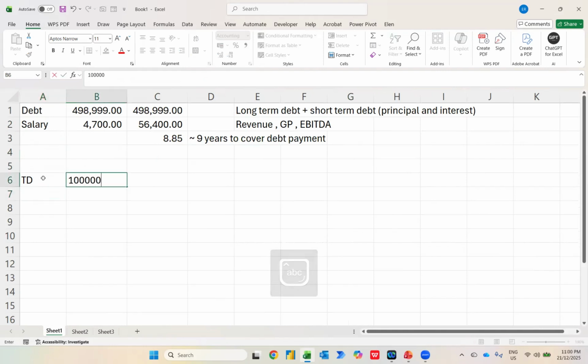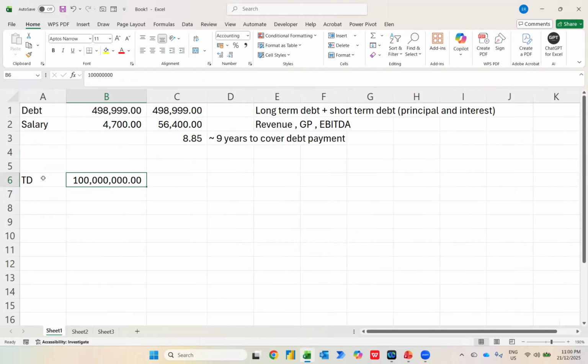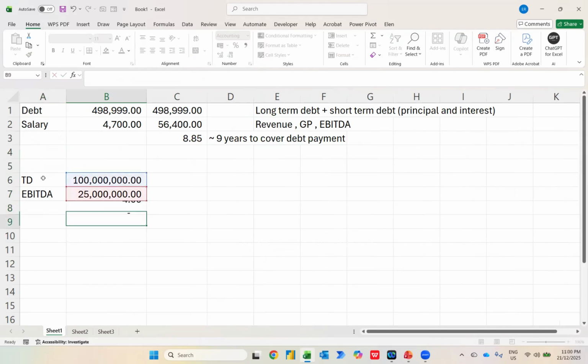Okay, so let me just put 6 zeros. So the total debt is 100 million. And then you have the EBITDA, which is about 25 million. Right now in this case, we want to know what is the debt EBITDA ratio. So basically it will take at least 4 years for us to fully utilize our EBITDA to cover our total debt.